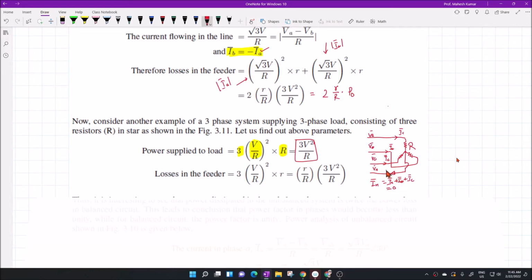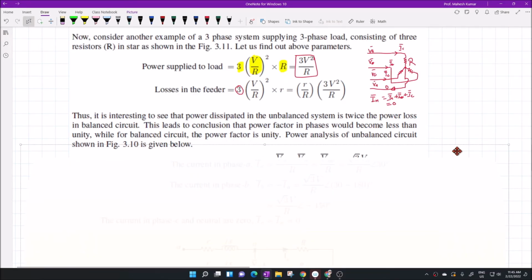Therefore there is no current in this, and therefore there will be no loss in the neutral. The only losses will be in phases A, B and C, and hence the total losses in the feeder will be 3 times (V by R) square into R. That becomes R by R into 3V square by R.